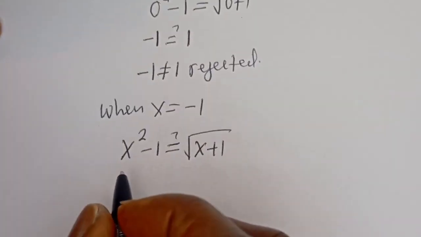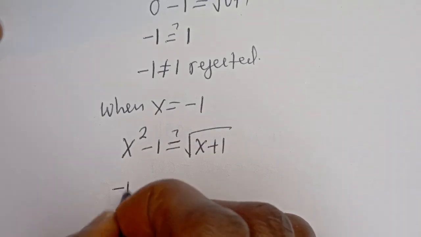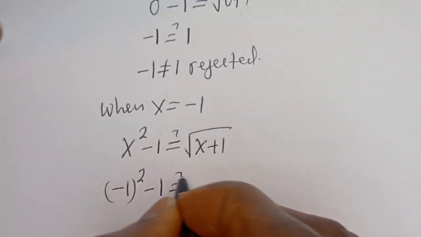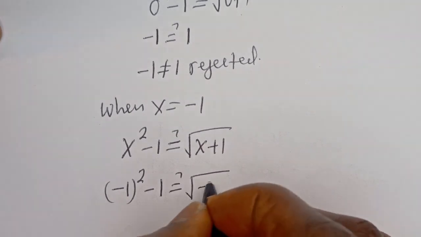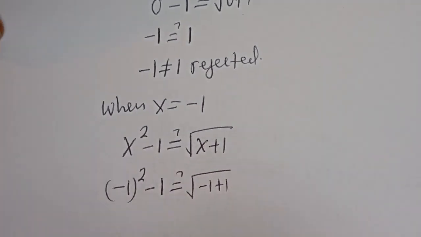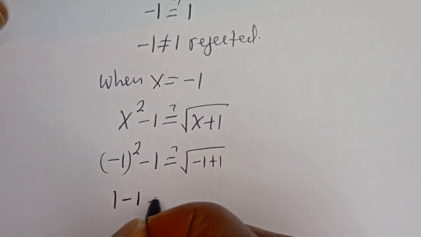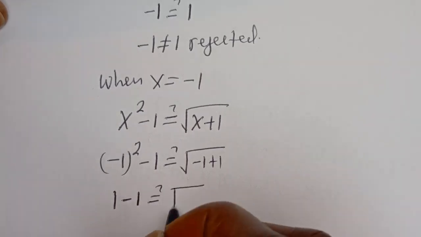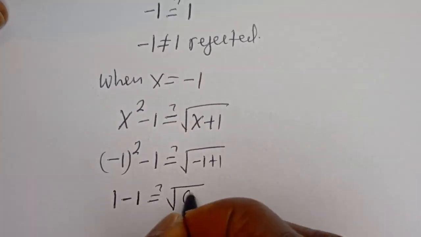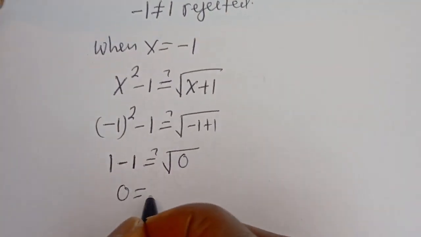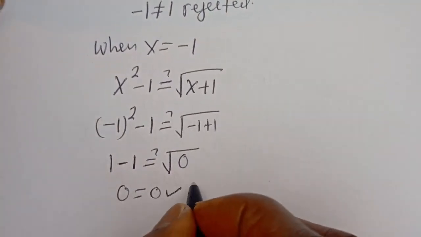Now, here we have minus 1 squared minus 1 must be equal to square root of minus 1 plus 1. Minus 1 squared, this is 1, minus 1 must be equal to square root of minus 1 plus 1, that is 0. Then 1 minus 1, this is 0, is equal to 0, which is true, and this is accepted.